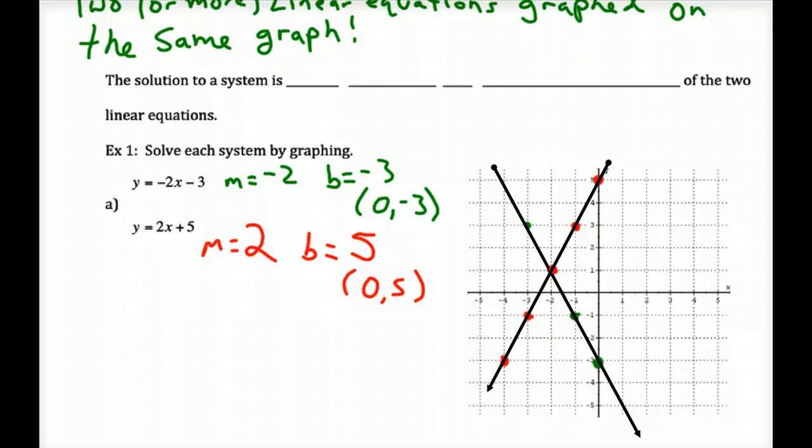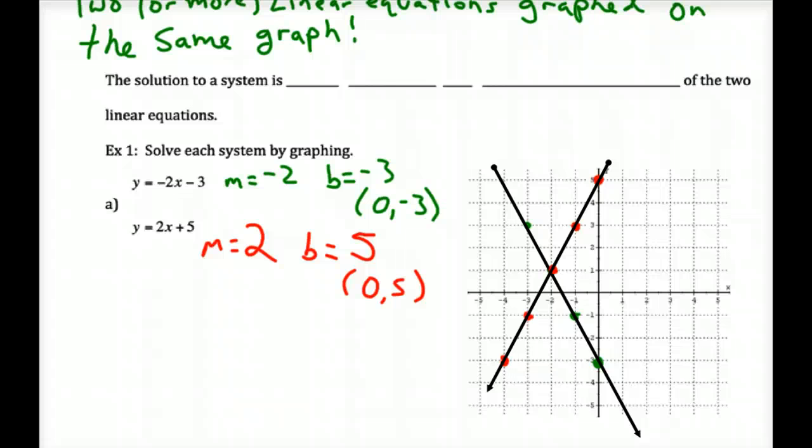Gibbs, question? Will they always intersect? For tonight, yes. But show me with your arms 2 lines that never intersect, Gibbs. What are those 2 lines considered? Parallel. As long as they're not parallel, they will intersect. Great question.